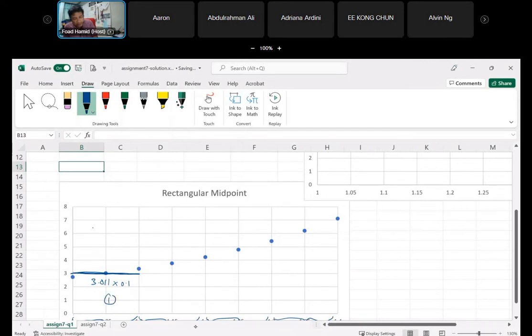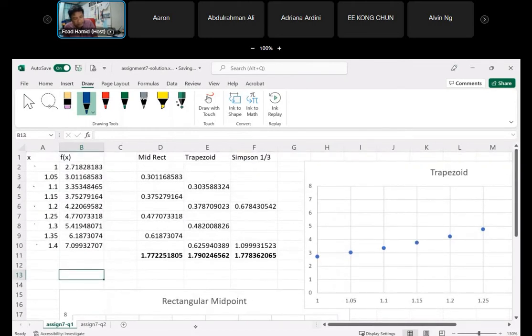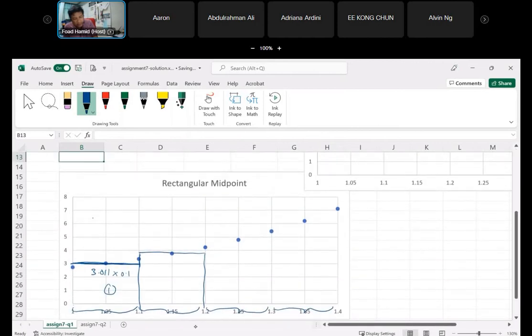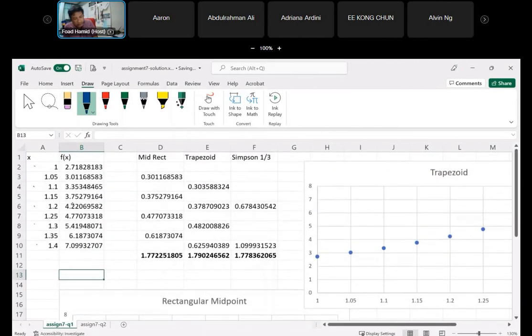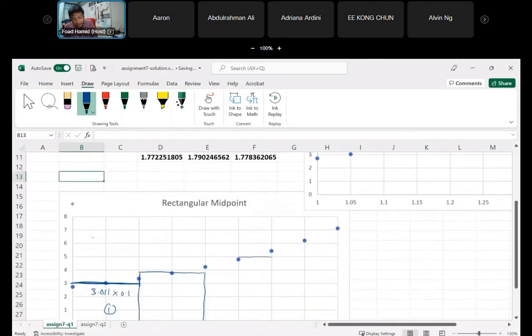And then the second interval is this area here, which is 1.15, which is this one. This one times 0.1, and the same thing here, and the same thing here.